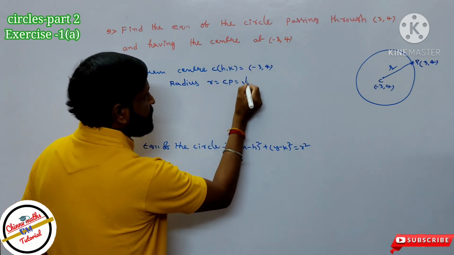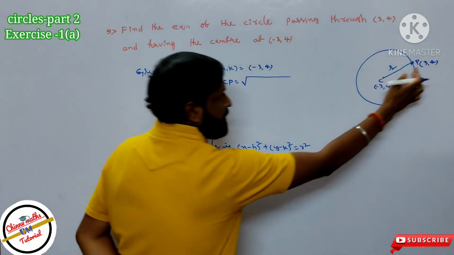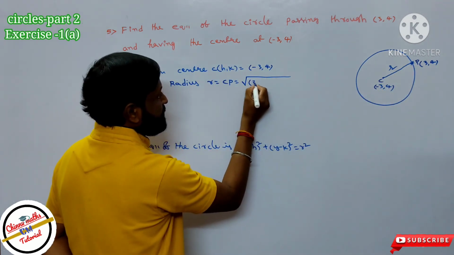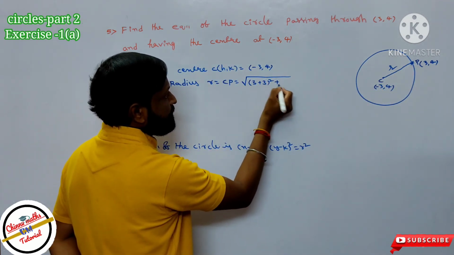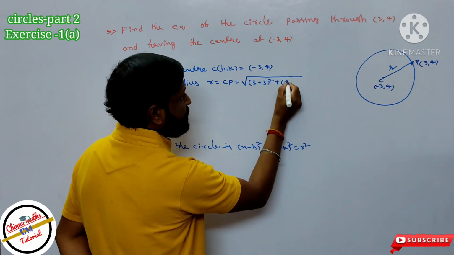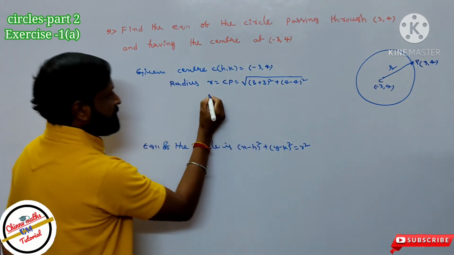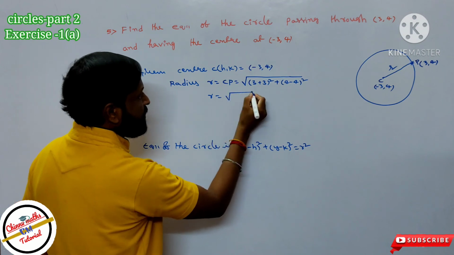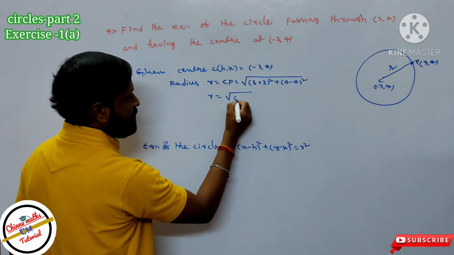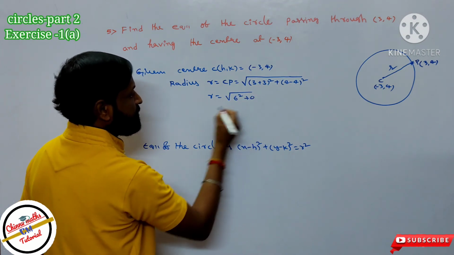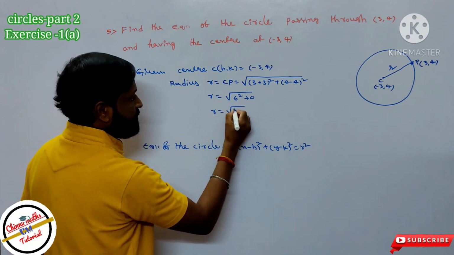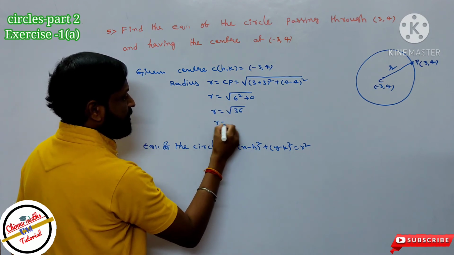CP equals the square root of (3 minus (-3)), that is (3 plus 3) whole square, plus (4 minus 4) whole square. So the radius R equals the square root of (3 plus 3, that is 6) whole square plus 0. Then R equals root of 36. So then R equals 6.